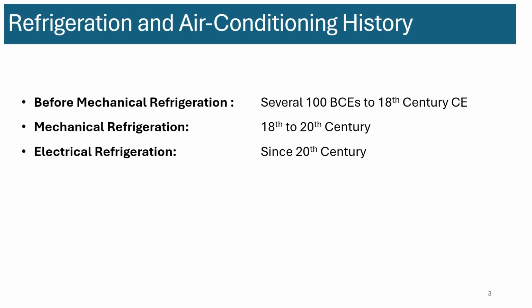If you look at the timeline of refrigeration and air conditioning, we can slice it in different ways, but one way would be into these three different sections: before the introduction of mechanical refrigeration, the period of mechanical refrigeration, which is a really short period, and the current generation, the electrical refrigeration period, which has been since the 20th century.